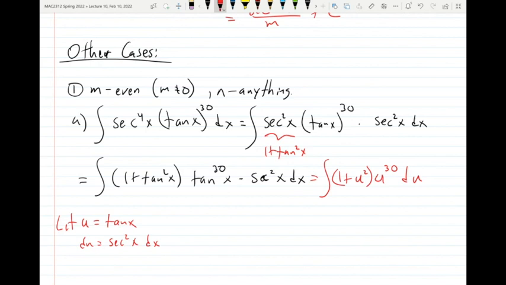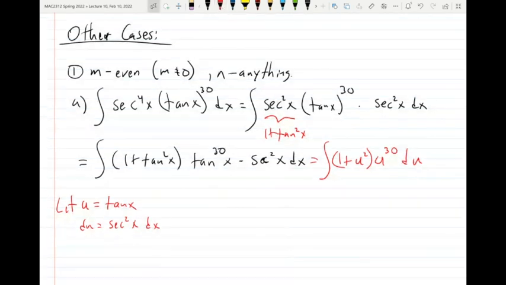It doesn't really matter what power we have for tangent because it doesn't even add complexity. We just need to distribute. So we don't even need to do anything to the 30th power, really, a binomial or nothing like that. What adds complexity to the problem is this guy, the 4. If that's higher, then we may need to expand something here, okay? And that's what makes it a little bit painful.